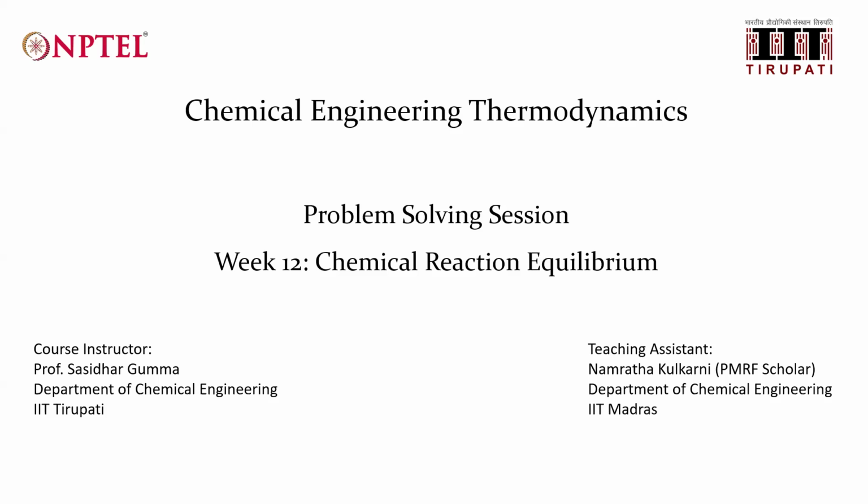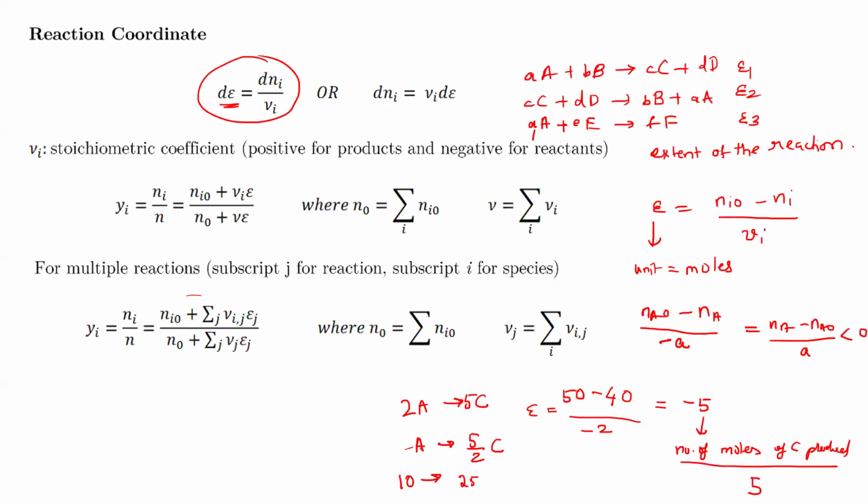So now we are coming to reactions in the system. Talking about the reaction coordinate, assume there is a reaction A plus B gives C plus D, and we define something called the extent of a reaction.